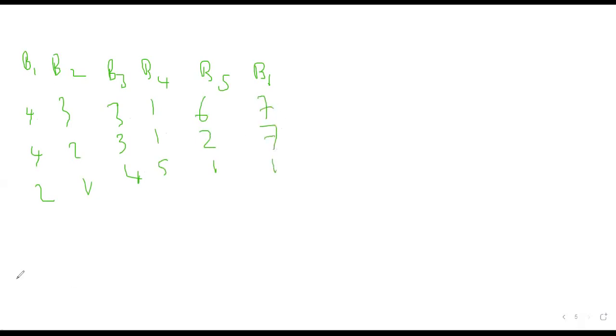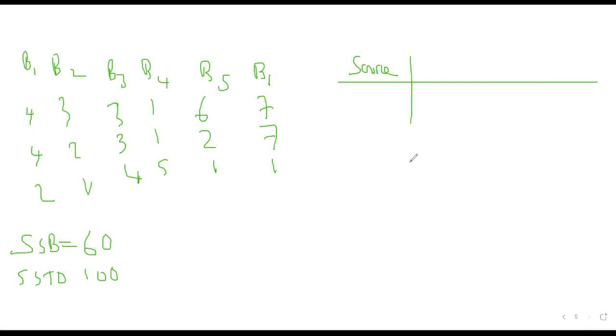And we are told that the sum of squares between is 60, and the sum of squares total is 100. Let's complete the ANOVA table. Can you give me the 3 sources of variation?